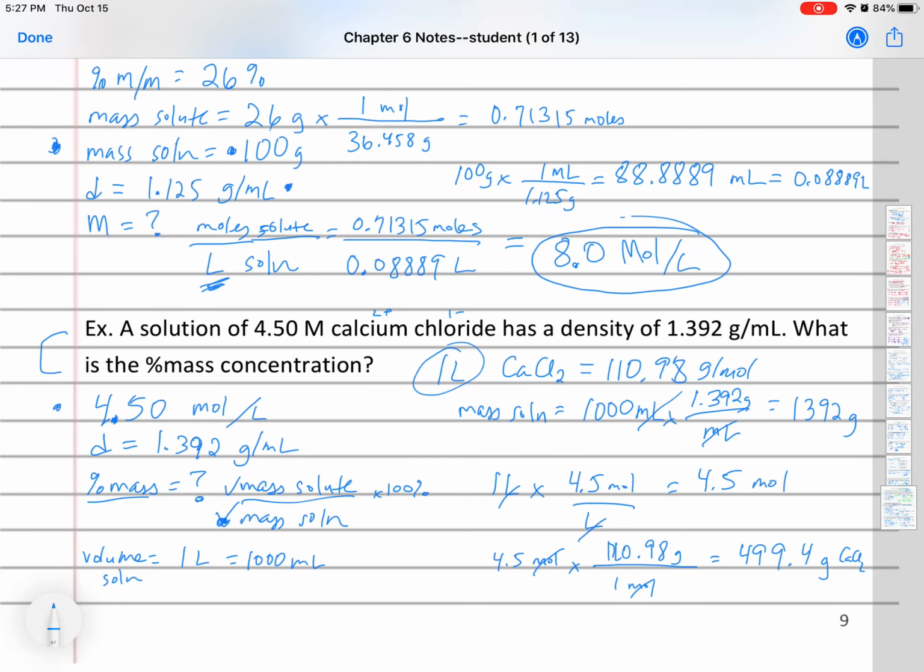So we want to know the percent mass. We now have the mass of the solute and the mass of the solution, so we can do that. The percent mass is the mass of the solute, which we just calculated is 499.4 grams, divided by the mass of the solution, which we calculated up here, 1392 grams, times 100%.